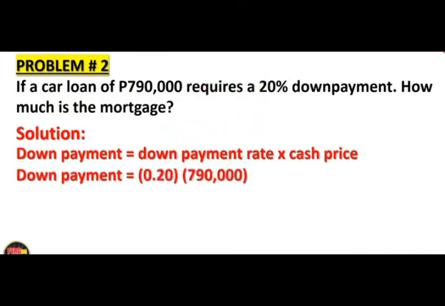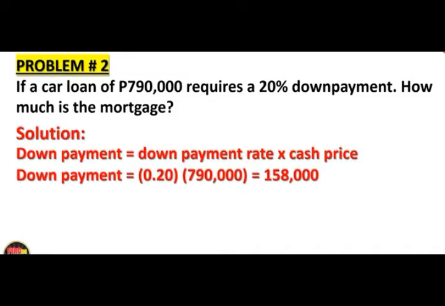Therefore, the down payment is 0.20 times 790,000 pesos. The answer is 158,000 pesos. Again, the down payment amount is 158,000 pesos.